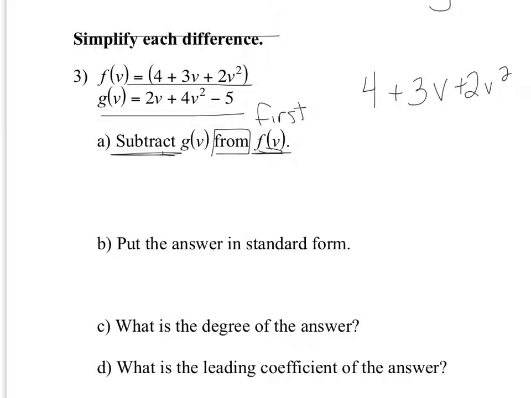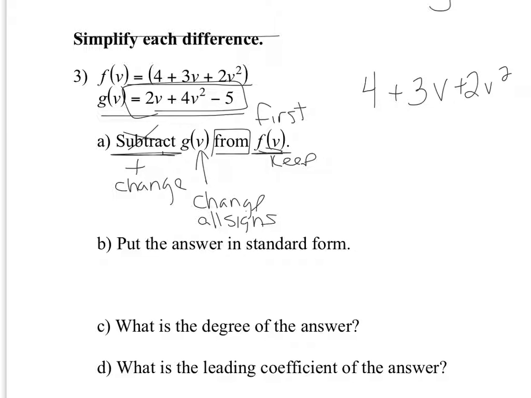So remember, it's keep, change. Change subtraction to addition. And then change every sign. Keep, change for subtraction. So I just take all this and change all their signs. So that's positive 2v, so it's negative 2v.